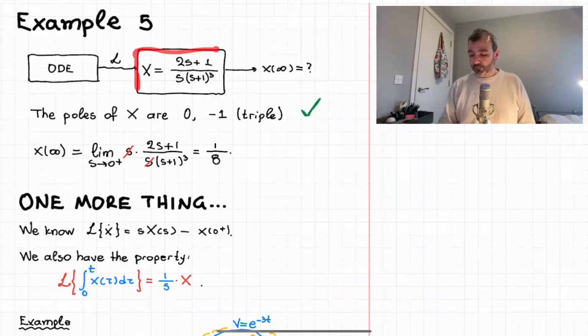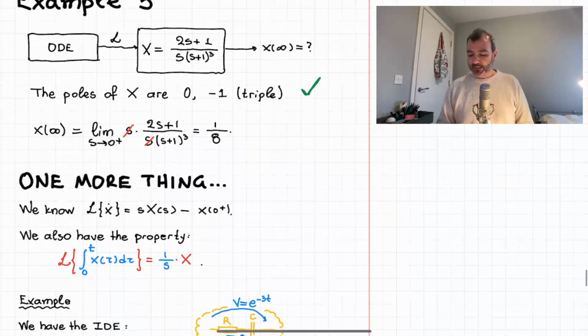The poles of X are, you see here, 0 and minus 1, which is triple. That's fine. We have a single pole at 0. That's fine, okay? So yes, we can apply the final value theorem. And X at infinity is the limit as s goes to 0 of s times big X. And you can say this is 1 over 8.